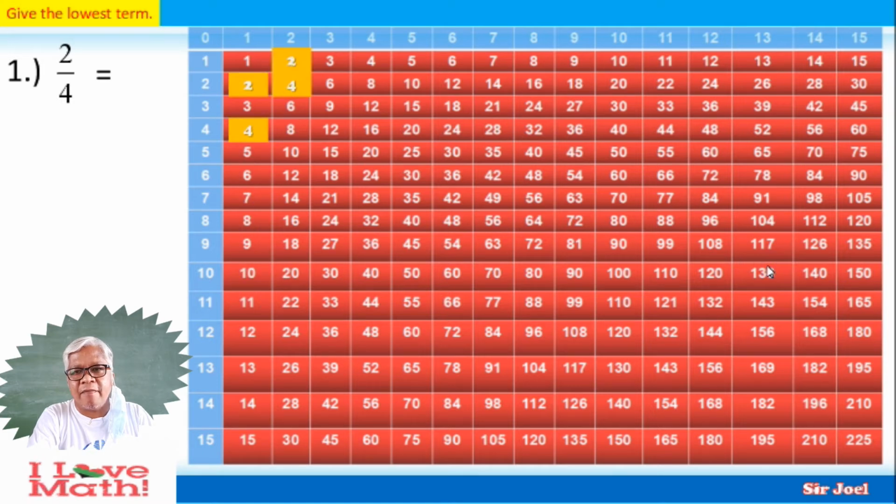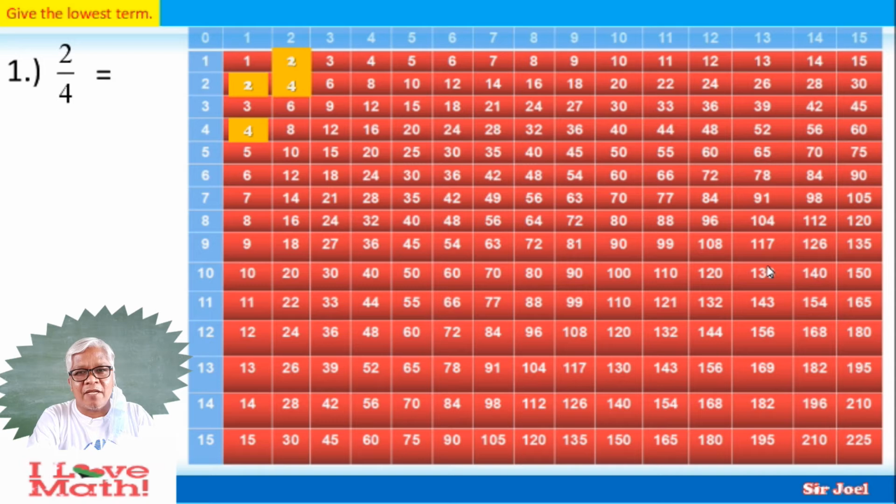Ayun. At syempre pa, bukod sa column 1, meron ding 2 over 4 dun sa column 2. Meaning to say, pag tiningnan mo yung 2 and 4, the possible factors are 1 and 2. Tama? So, happened that 2 is the greatest common factor of 2 and 4.